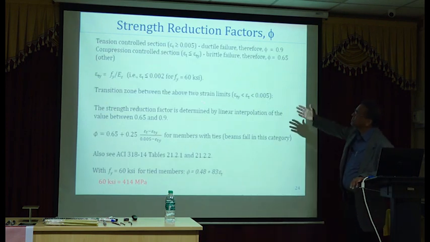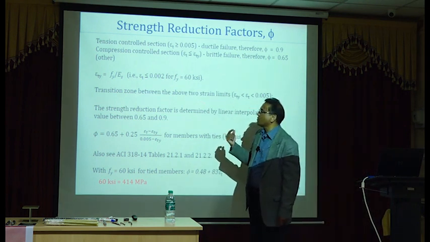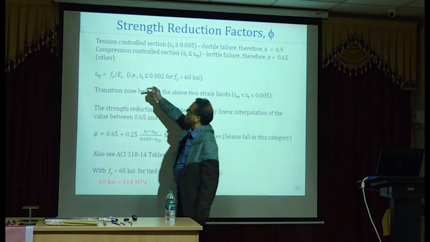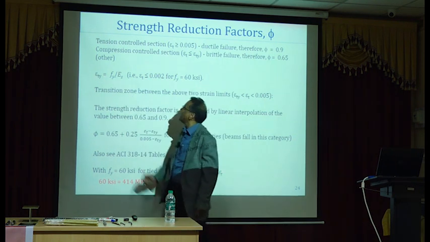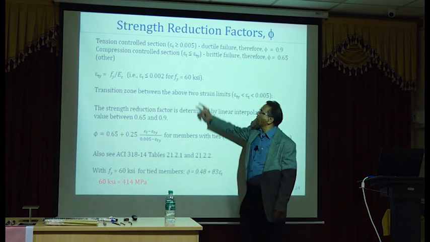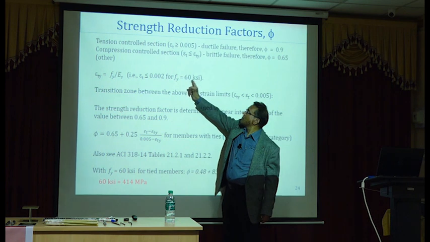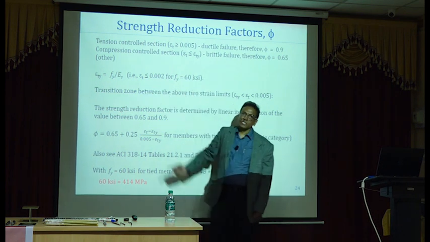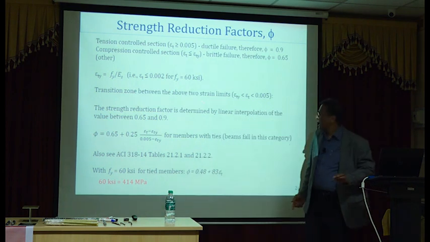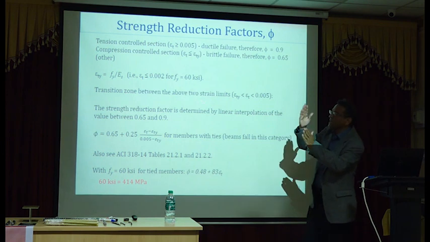There are some equations just for linear interpolation, but that's so simple, it's just algebra. So epsilon ty is the yield strain, Fy over Es, and for 415 MPa steel, epsilon t will be 0.002. And you have a transition zone between compression control.